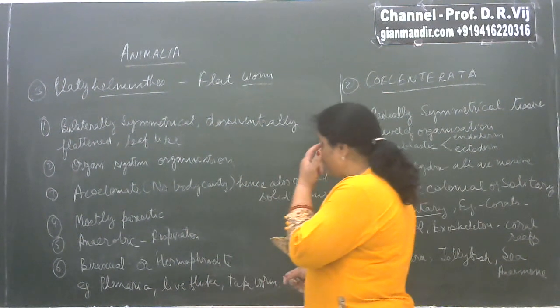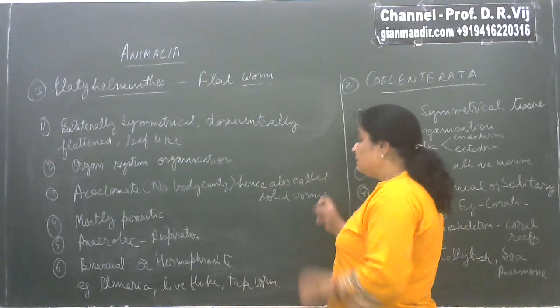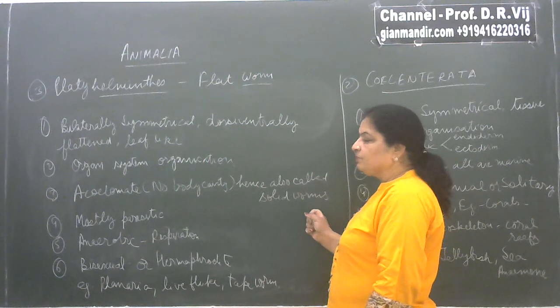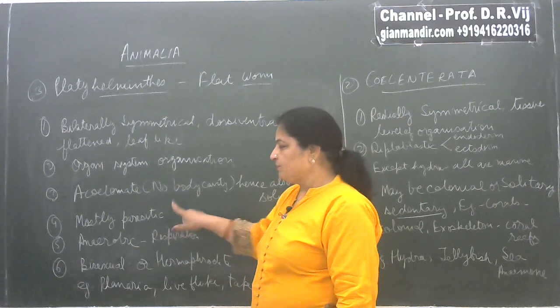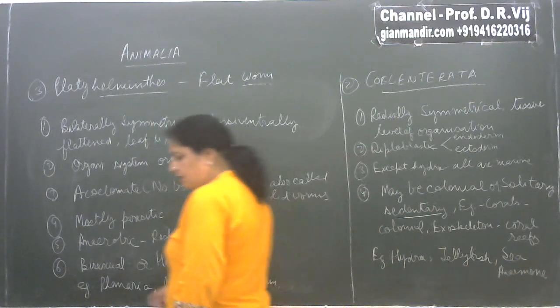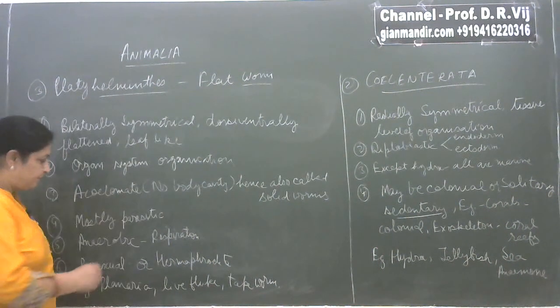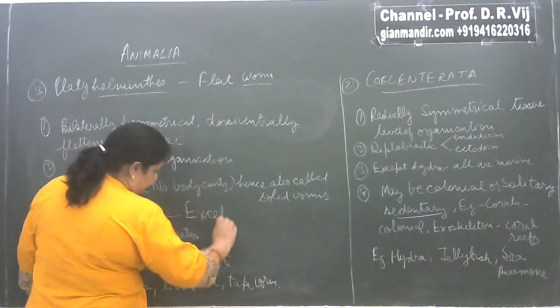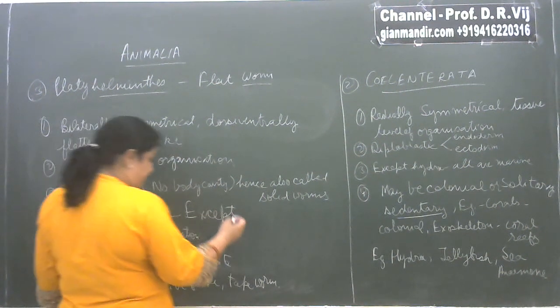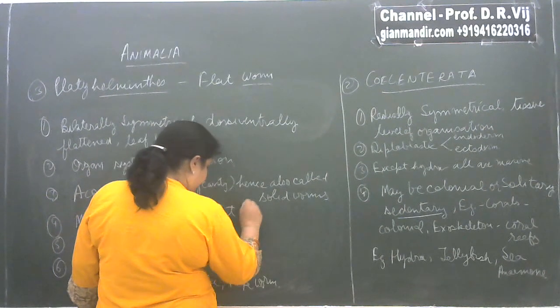And due to absence of body cavity, these are also known as solid worms. If you look at their mode of nutrition, mostly parasitic except Planaria. Planaria is a free living Platyhelminthes.